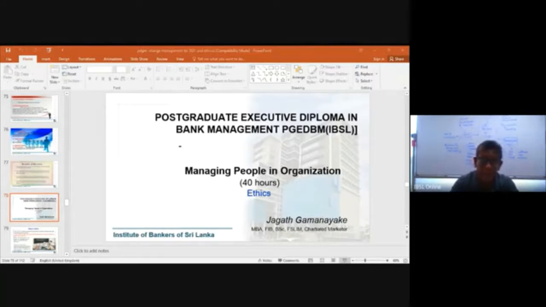Some advertisements do not disclose floating and fixed rates. Say, for example, we are giving a housing loan at 4% today, an advertisement says 4% floating rate. People think that 4% floating means a fixed rate for the whole tenure. But that is not the case.